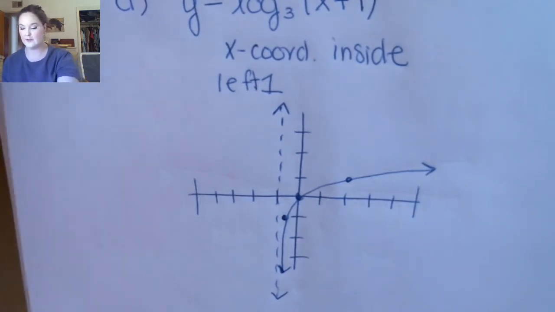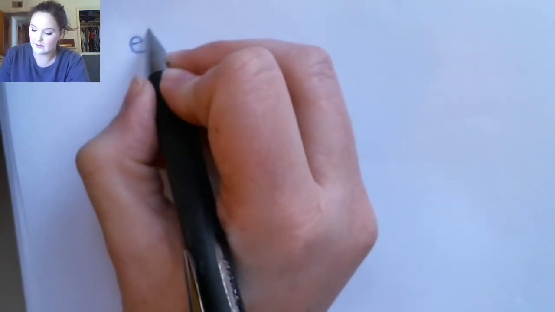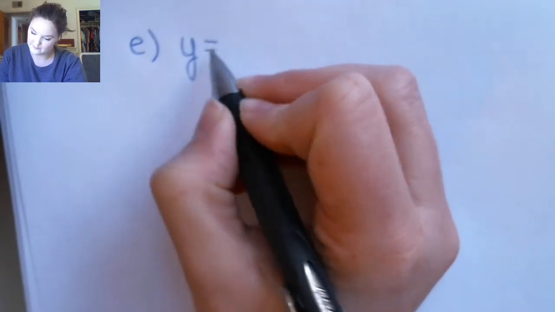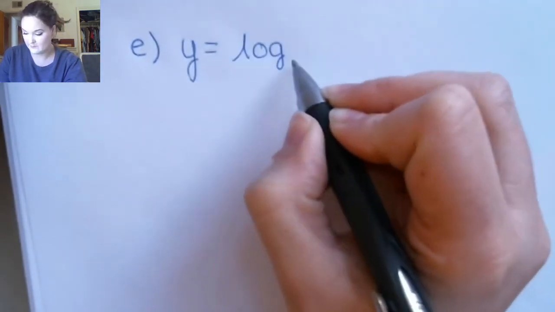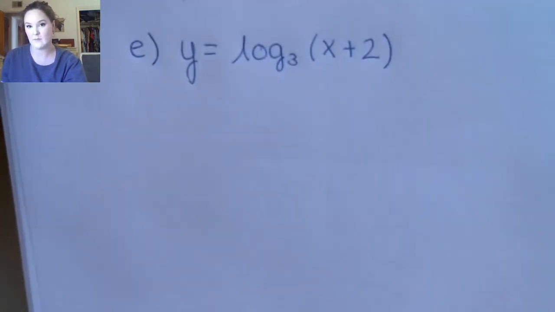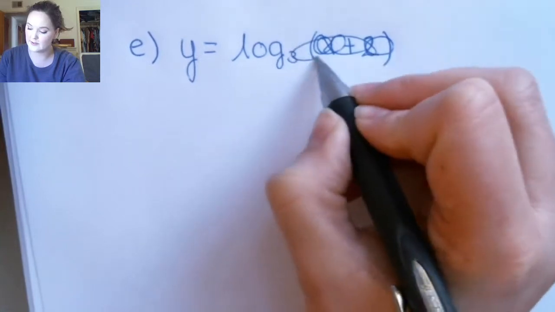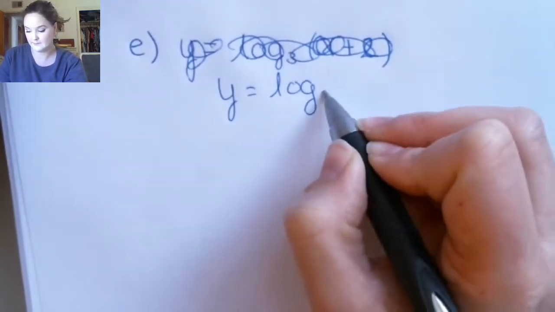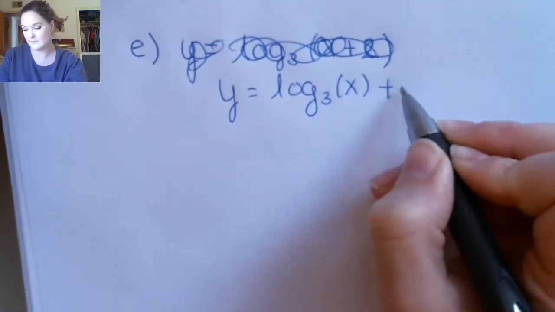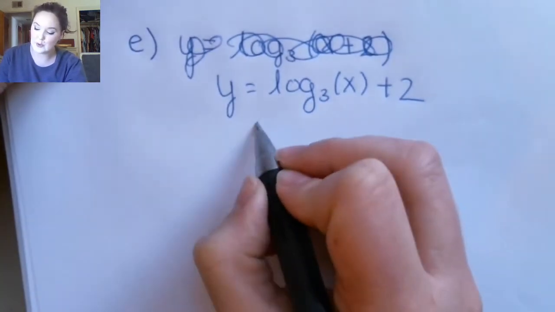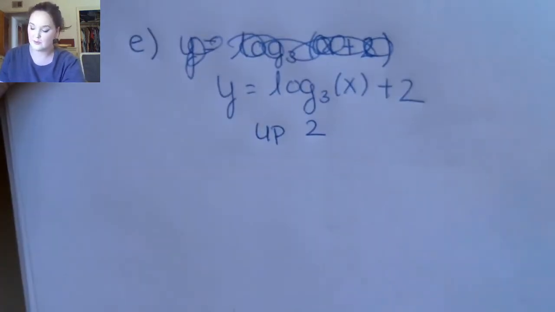All right, a couple more transformations. We're always using the same base graph here, so that's why we know what the original key points are. Oops, that's a transformation we just did. There we go. All right, so now we have this +2 outside, so this is going to move it up 2.